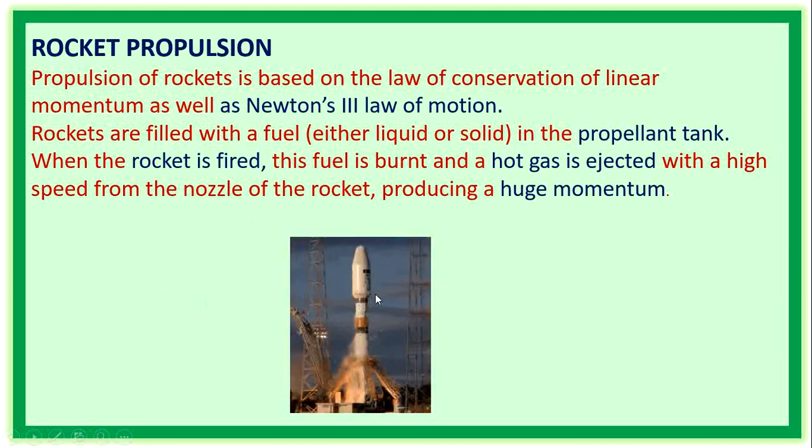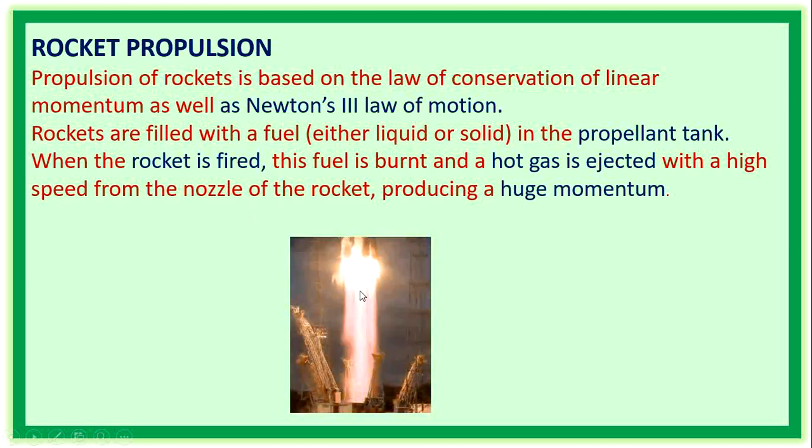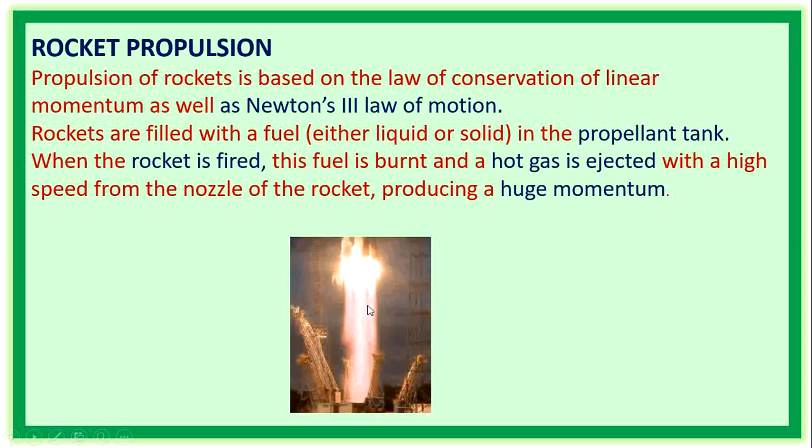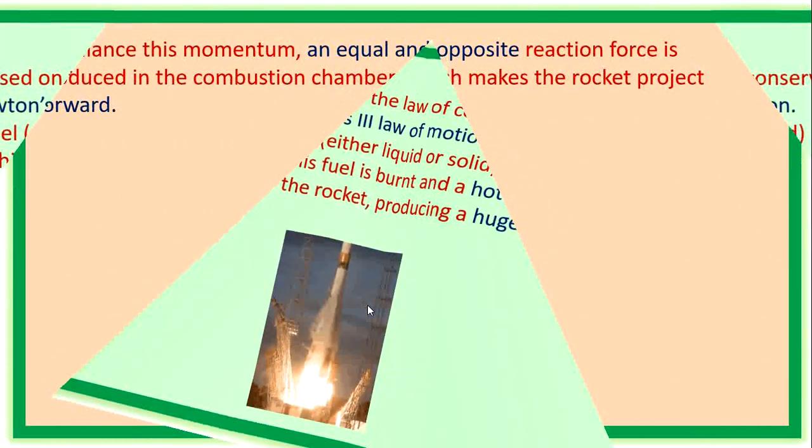When the rocket is fired, the fuel is burnt and a hot gas is ejected. See this diagram. When the rocket is fired, this fuel is burnt and produces a hot gas with a high speed from the nozzle of the rocket, and it produces a huge momentum.